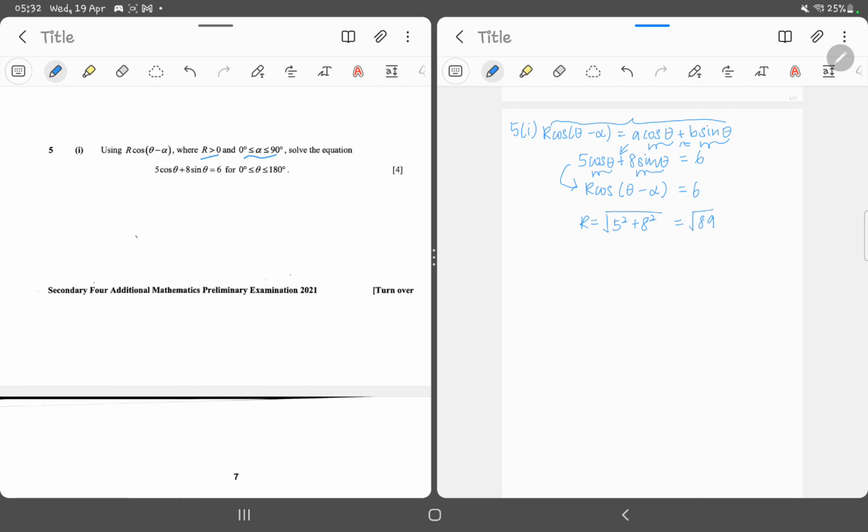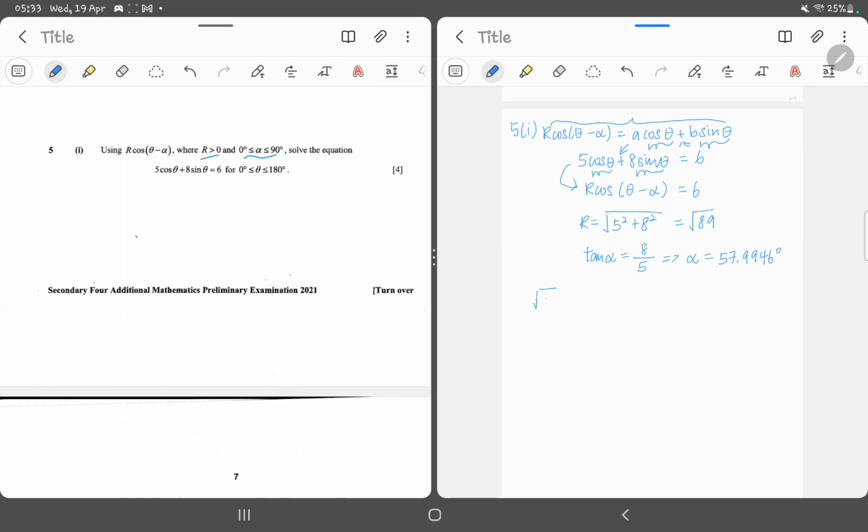For alpha, tangent alpha equals b over a, which is 8 over 5. So alpha is tangent inverse of 8 over 5, which gives us 57.9946 degrees.